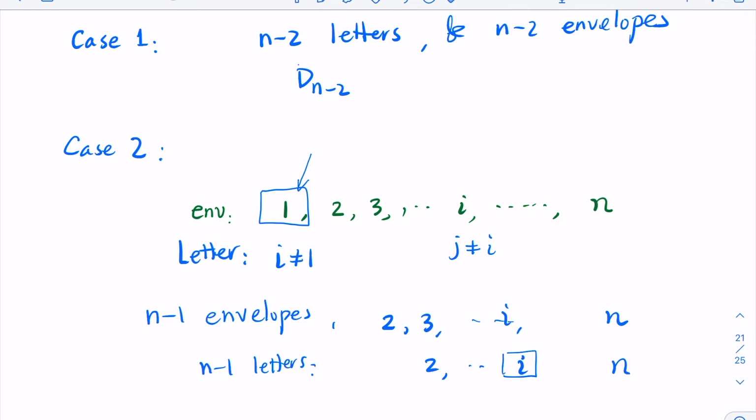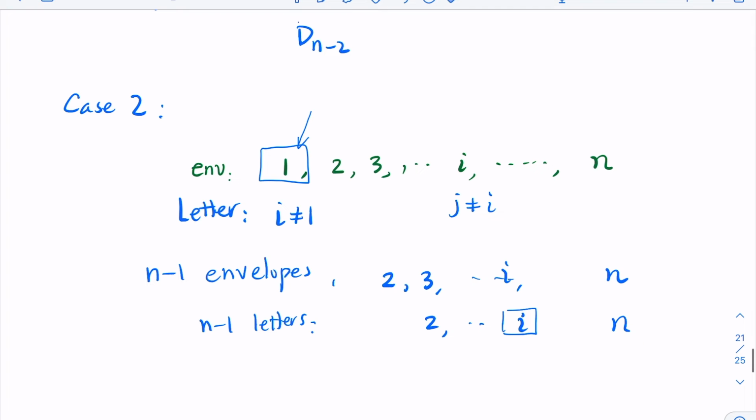In this new problem, letter i cannot go to envelope i. By definition, you must go to any other envelope. It's fine. So you have n-1 envelopes with n-1 letters, and the total derangement is going to be d_{n-1}. Okay, so what is the relationship now?